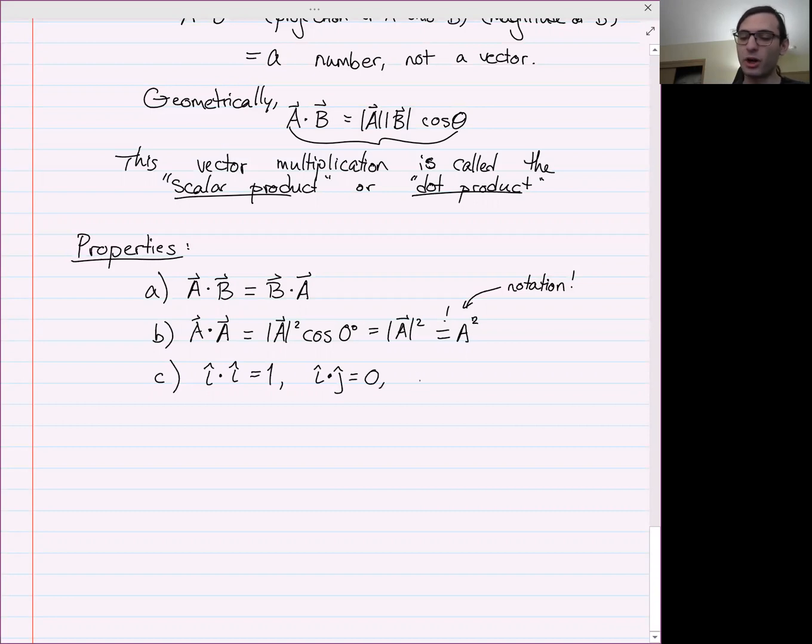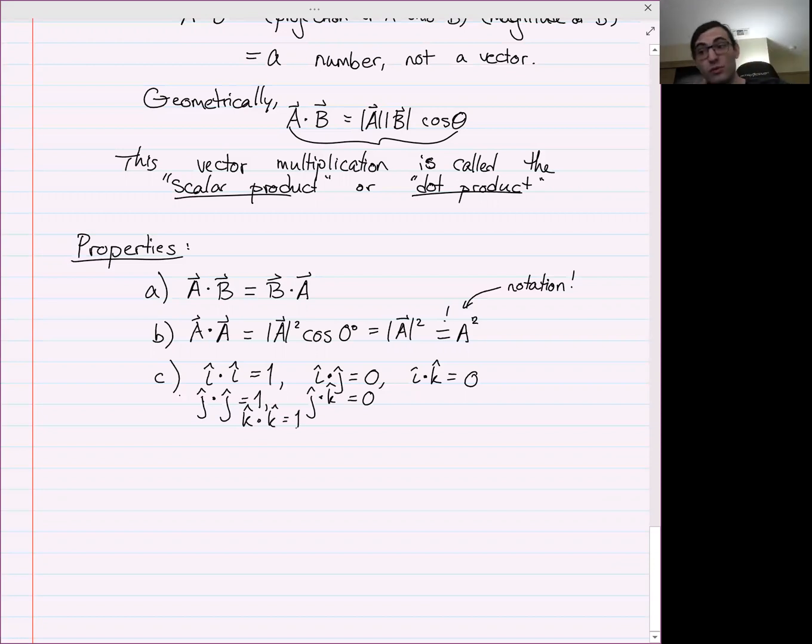And you could make similar arguments for i dot k. That's also 0. Then we have that j dot j is 1, and j dot k is 0, and of course k dot k is 1. So unit vectors are really nice with regards to scalar multiplication. If you dot them into themselves, you get 1. If you dot them into the other unit vectors, you get 0. It's an easy thing to remember.